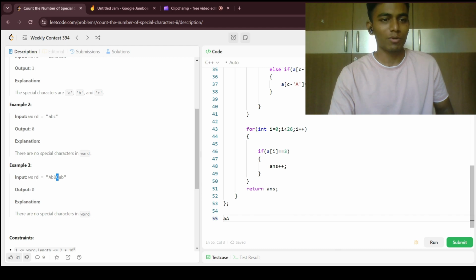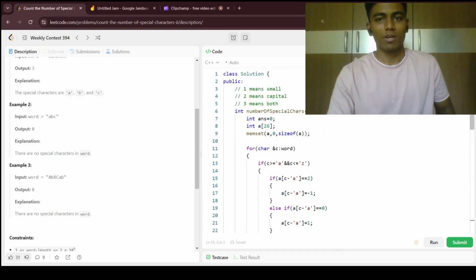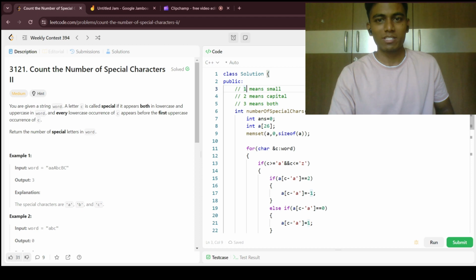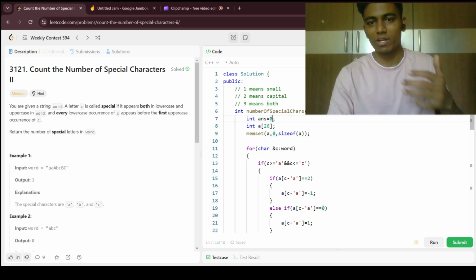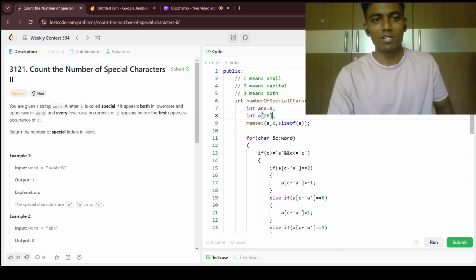1 means it is going to be a small letter, 2 means it is a capital letter, and 3 means both of them. Suppose let's say answer is the number of special characters we'll count, and then we'll have an array of 26 where we'll store whether this particular character has a small letter or capital letter, and whether the small letter occurs before the first occurrence of the capital.